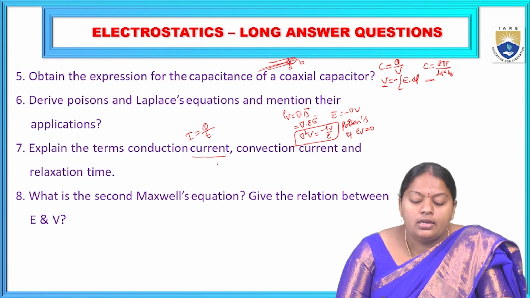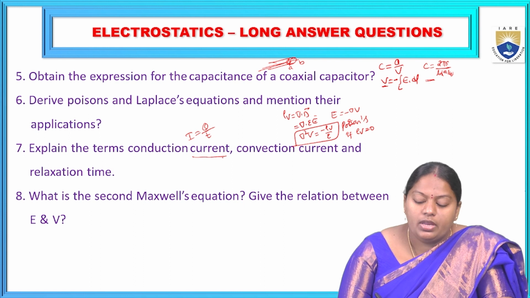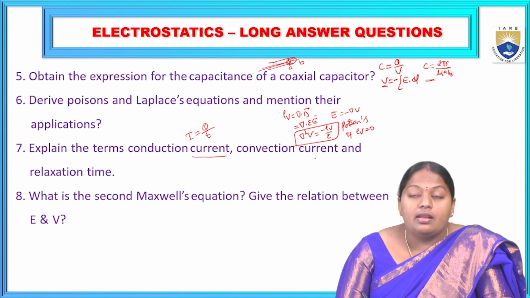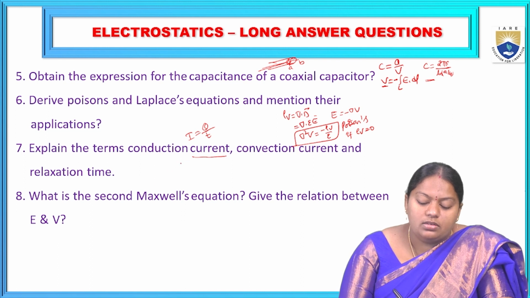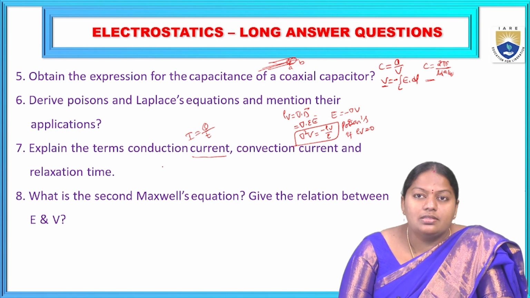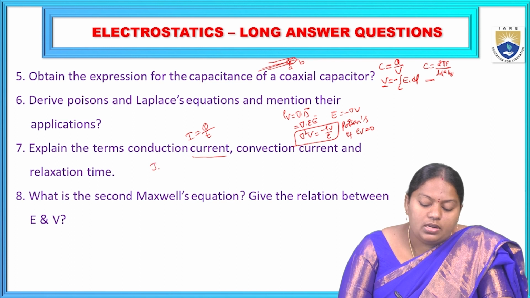Conduction current requires a conducting medium, whereas the current flowing through an insulating material is an example of convection current. For the convection current density, we use J equal to rho v into u. For the conduction current density, J equal to sigma into E.